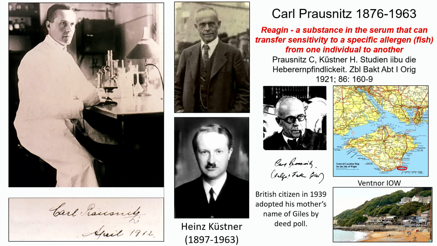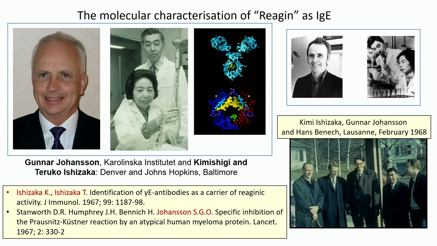He was very much loved on the island, and they called him Father Giles, because his mother, who was English, was Giles. And when he moved to England, he changed his name from Prausnitz to Giles. And he's left a lovely memory on that island about how he looked after patients at that time. So really quite interesting little history there.